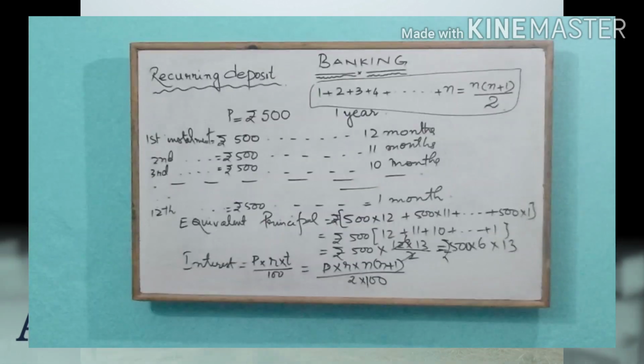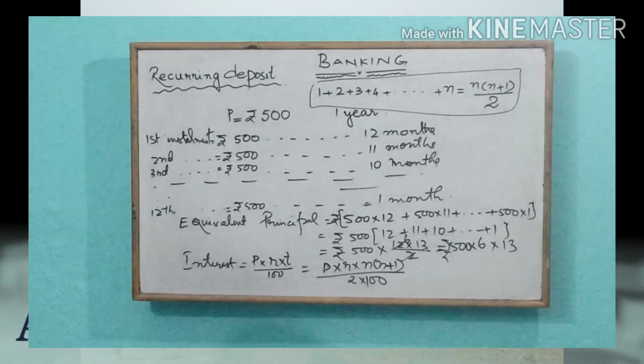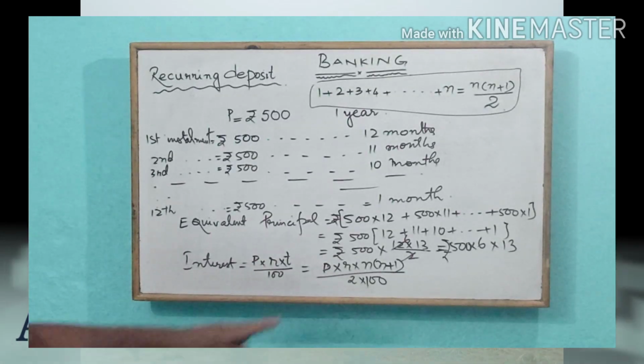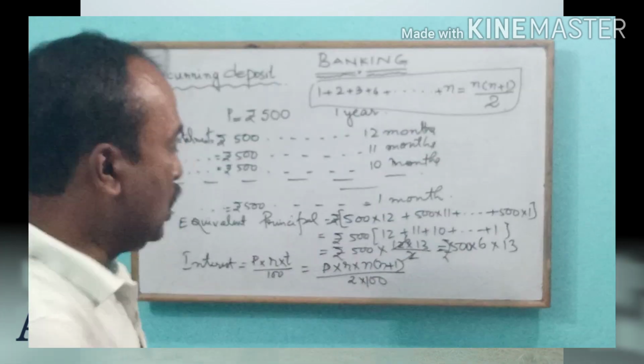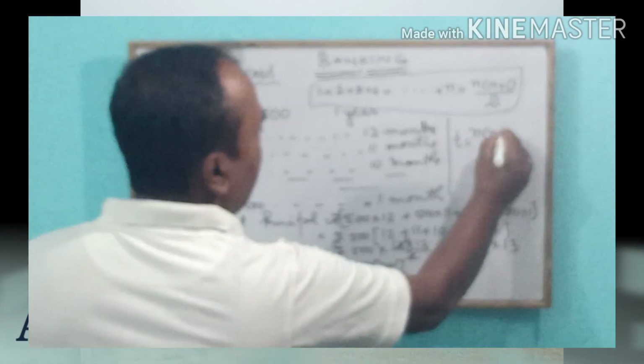And since it is in terms of months and the rate is in terms of per annum, you will be given the rate in terms of per annum. So you are supposed to divide the time by 12. Here T is n into n plus 1 by 2 months.